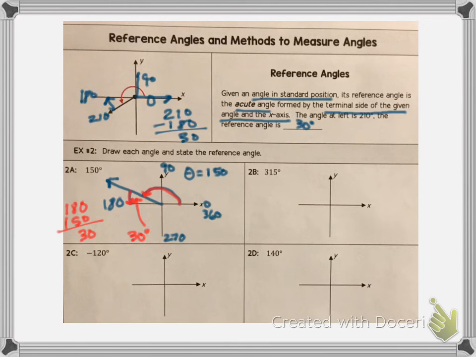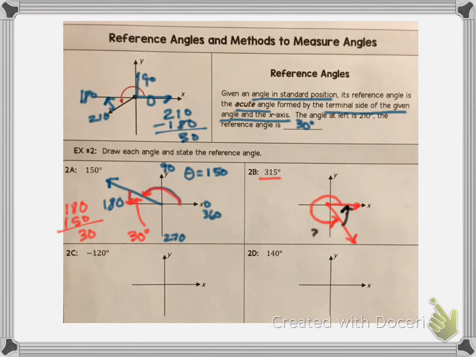Let's look at 2B. They give me 315. So 315 degrees is actually in the fourth quadrant. Counterclockwise is positive. So 315 degrees is in the fourth quadrant. So again, the reference angle is going to be the angle between the terminal side of the given angle and the x-axis.